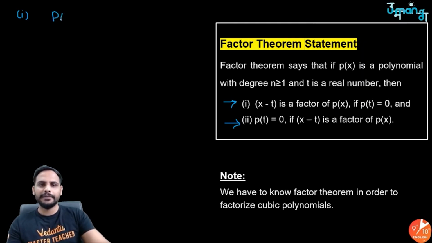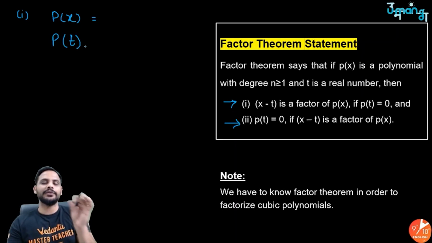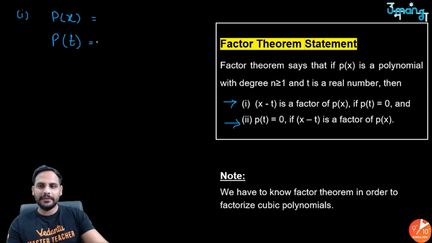Suppose I have p(x) equal to some polynomial. What is happening is, suppose I put some value t in place of x, and I am getting the answer, the value of the polynomial is becoming 0. In that case, I can say x is equal to t is a 0 of the polynomial.